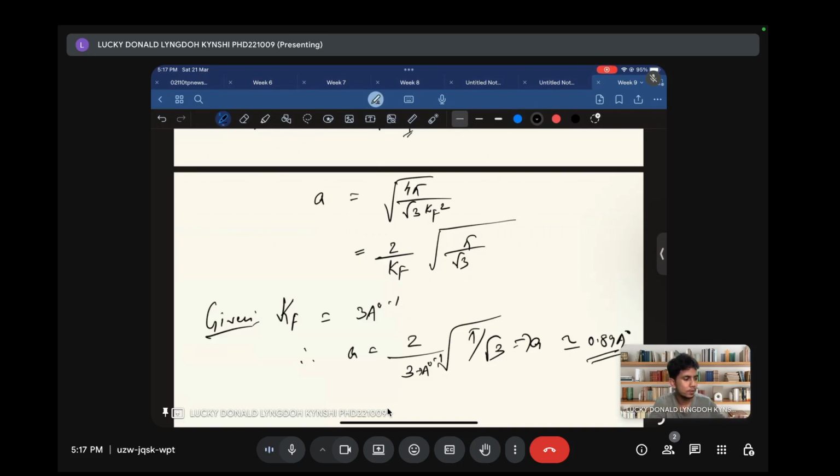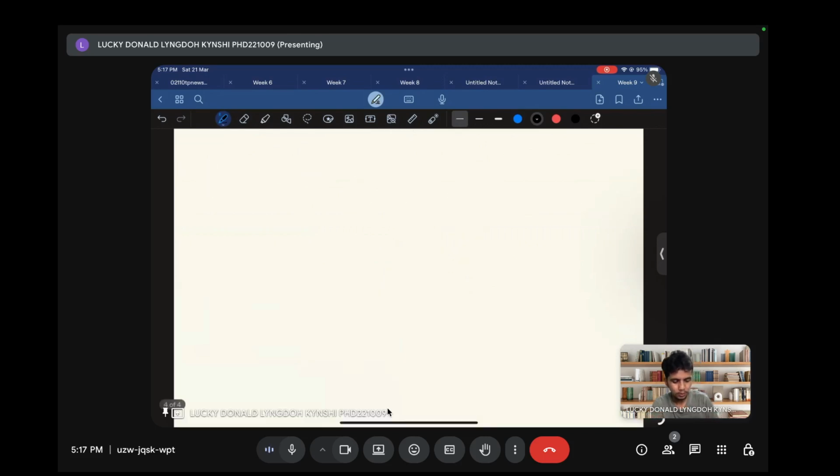I hope you understand. In these problems we didn't introduce anything new. We introduced only the density of states, found the relation between N and Kf, and then found the lattice constant A based on the given values of Kf and N. That's it. Now we will move to the second problem.